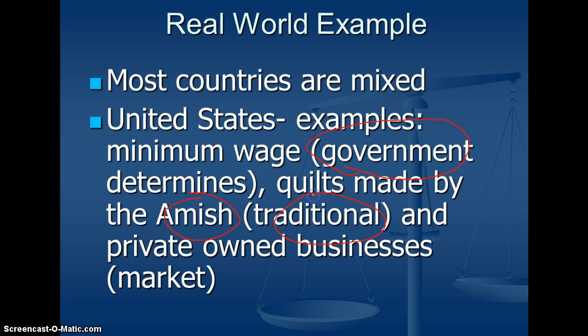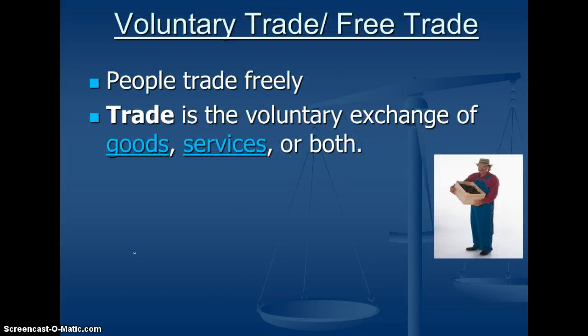All their way they make a living is based on cultural traits that have been passed down from generation to generation. We also have private industry that makes their own decision, which is an aspect of market. And that's exactly what a mixed economy looks like. It's a little bit of all or two of those economic systems.